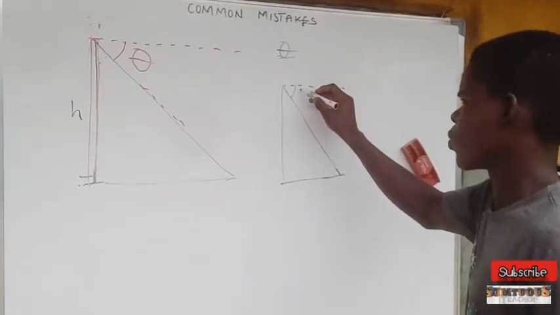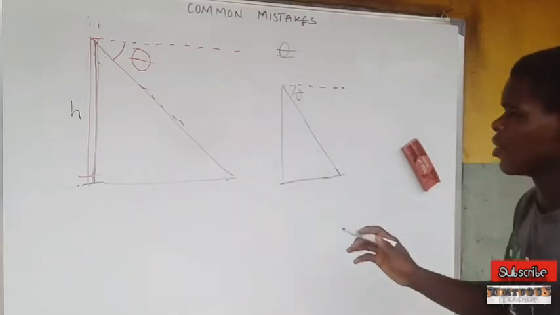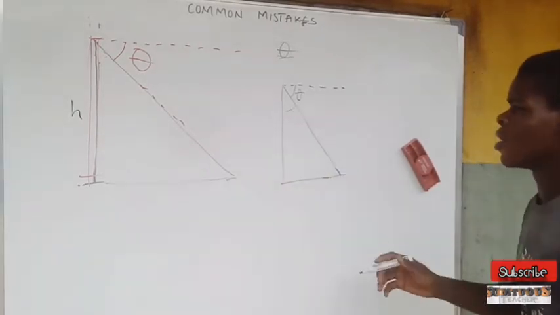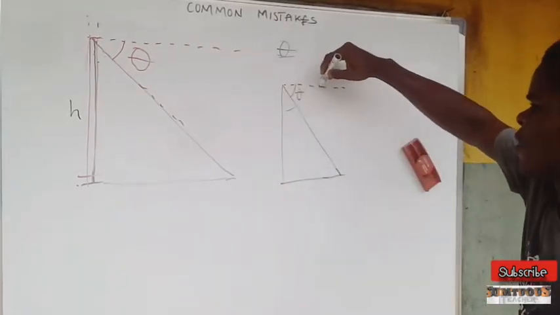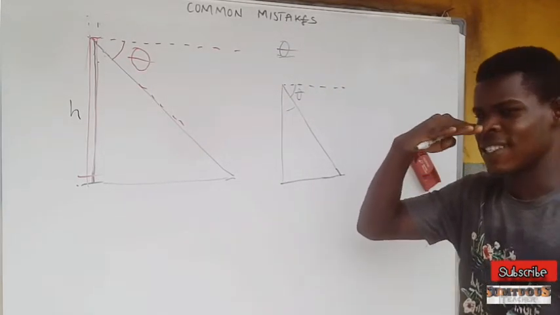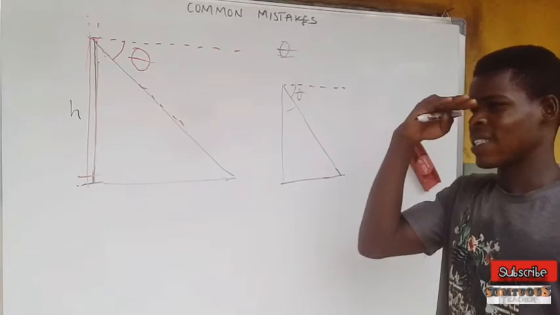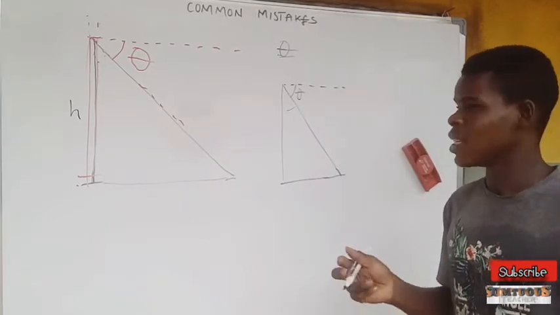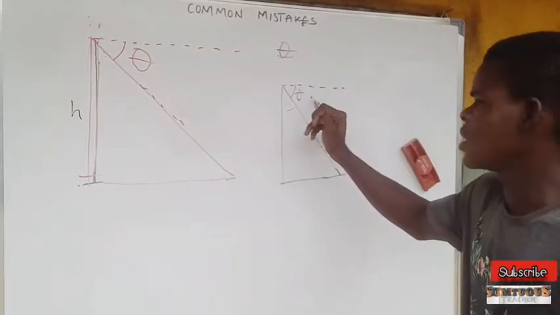Your angle of depression, theta, is here, not here. Because through what angle have you depressed? What angle has the sight come down? It is actually theta. So you position it here and not here.